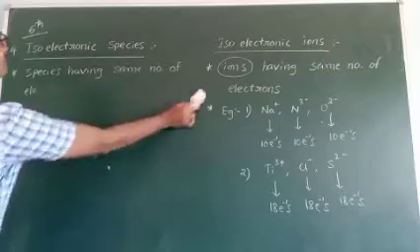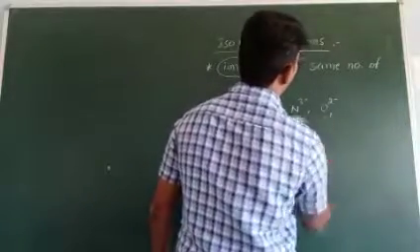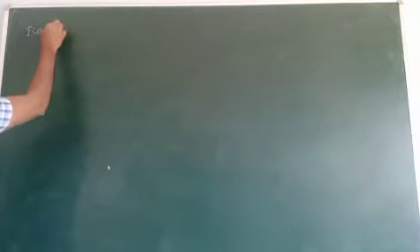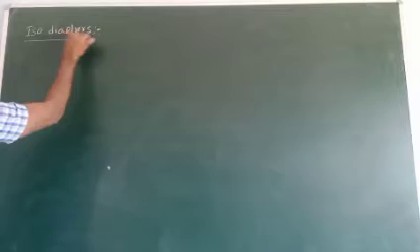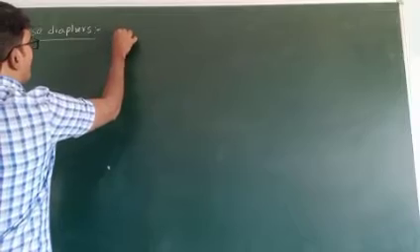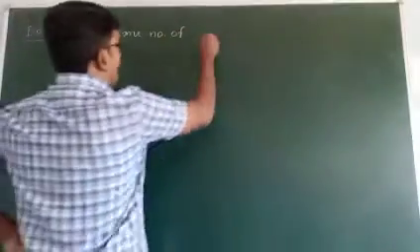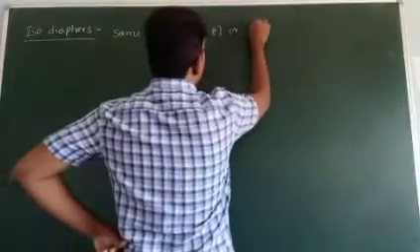Isodiaphers. Isodiaphers means the same number of n minus p or p minus n.